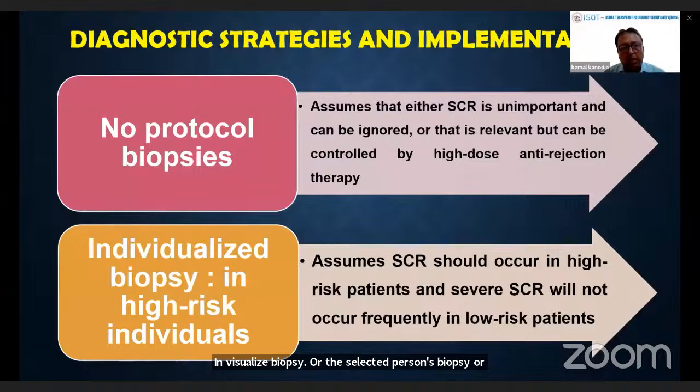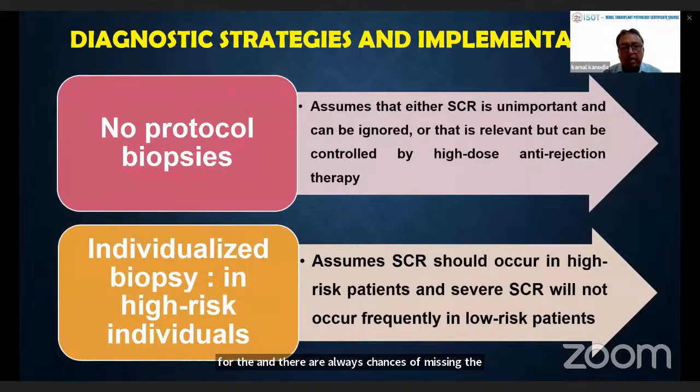If we select no protocol biopsy, then we assume that either SCR is unimportant and can be ignored, or that it is relevant but can be controlled by high-dose anti-rejection therapy. And this anti-rejection therapy can lead to the development of infection, viral infection. So there are always chances of missing the SCR.